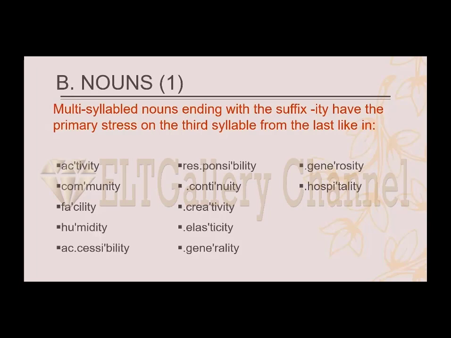And once again, as you see, you have the secondary stress. It's one syllable usually from the primary stress. Generosity, hospitality. And then you have availability, accessibility, responsibility. It's a repetition from here on, but that's okay.